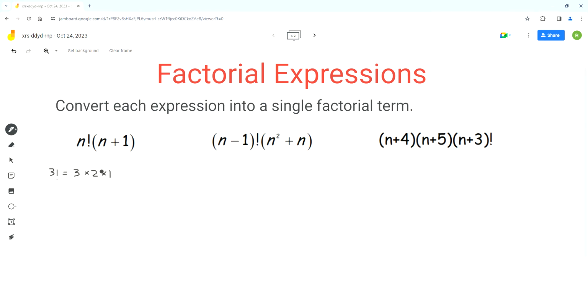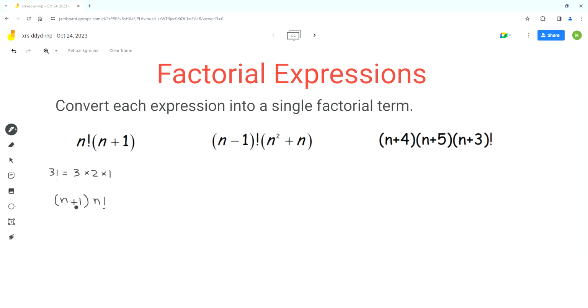Now in the given expression, in the first expression, we have n factorial times n plus 1. We can first rewrite this expression as n plus 1 times n factorial because in multiplication order doesn't matter.